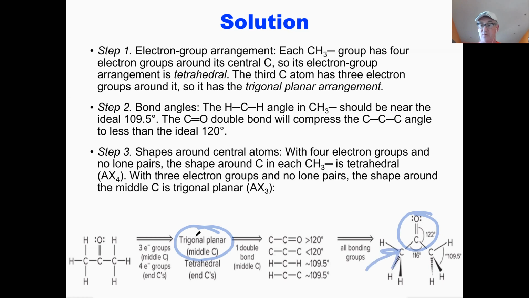This is tetrahedral on one side, this is tetrahedral on the other side, and you're also right that this bond angle between the oxygen, the carbon, and this other carbon is going to be slightly more than 120 degrees, 122. Slightly more, because there's more electron density in that double bond, and it pushes the other groups slightly further away from it. So excellent. We did well on that one.